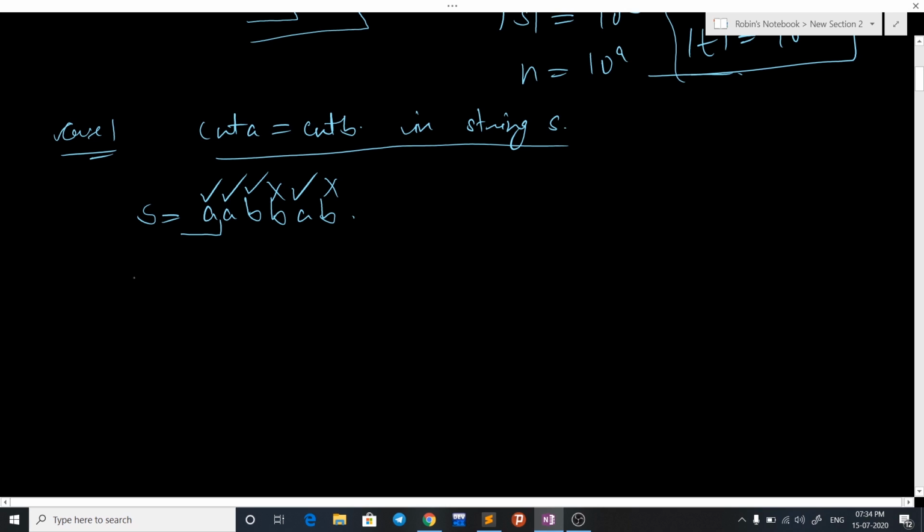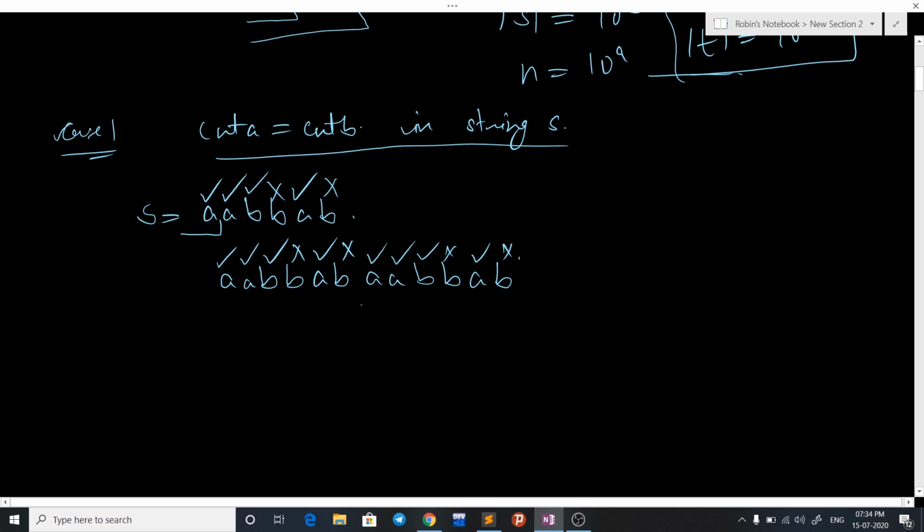Now what if we take s 2 times? So let's see what happens in that case. Now this is 1 time, and let's take one more. Now we can see that this is a good prefix, this also is a good prefix, this 2, and here we can see that this is a good prefix, good, good, bad, good, bad.